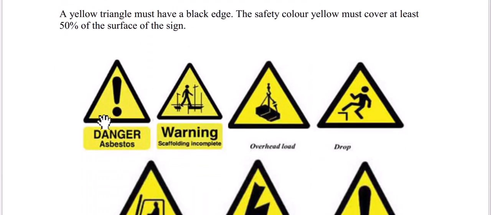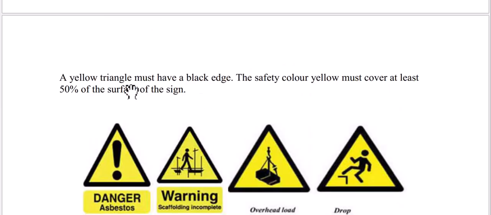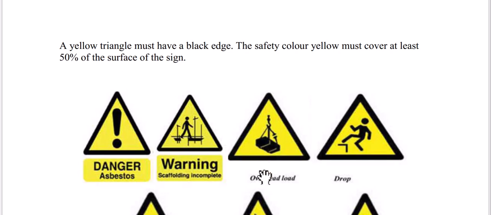Like here it is danger, asbestos. That means there is asbestos in a particular place, so you need to be very careful, and this sign means an alert. We have a warning, scaffolding incomplete, therefore don't climb. For instance, we have overhead load.